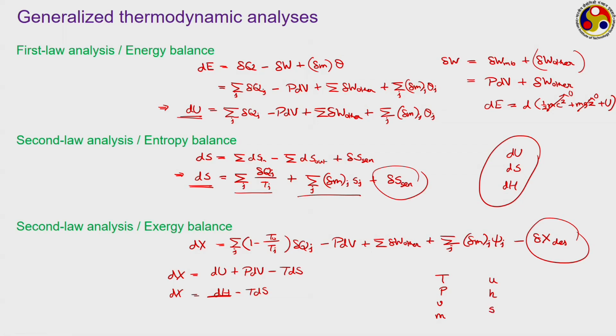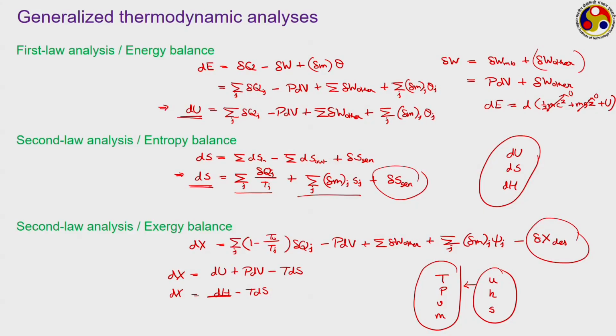So the objective of this module, thermodynamic property relations, is to develop mathematical relations where we can represent the internal energy, enthalpy, entropy and other such properties in terms of measurable quantities like temperature, pressure, specific volume, etc.